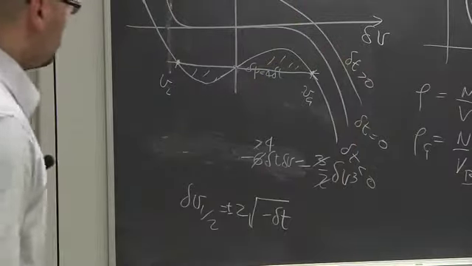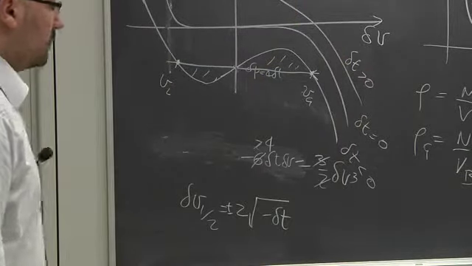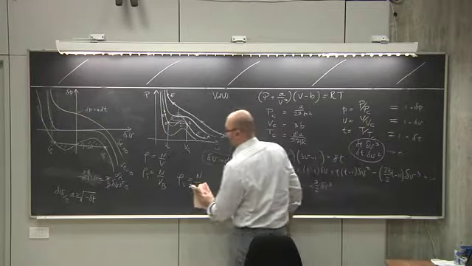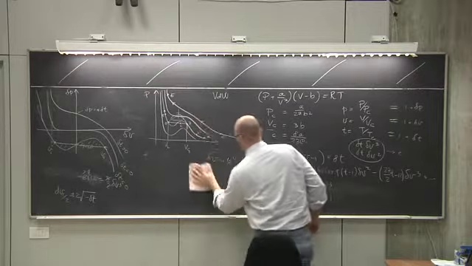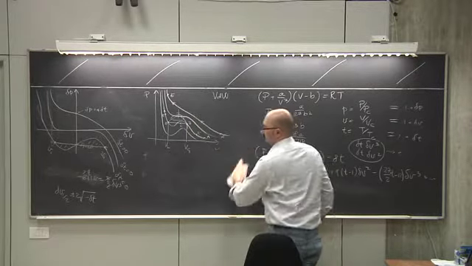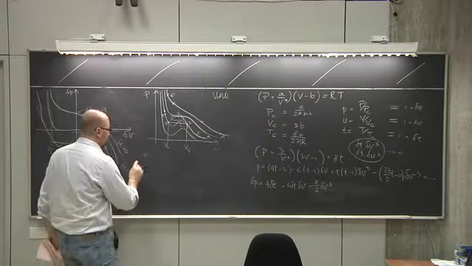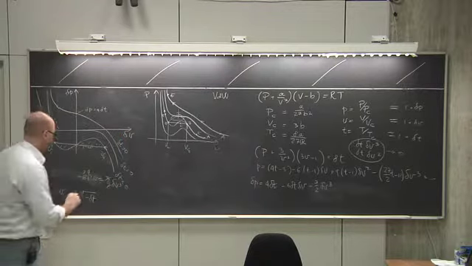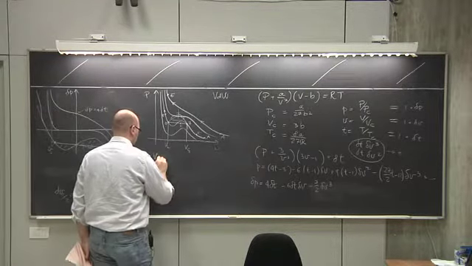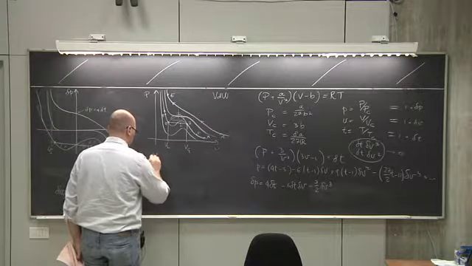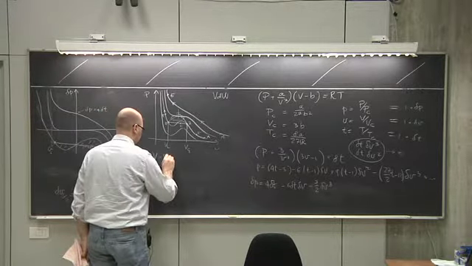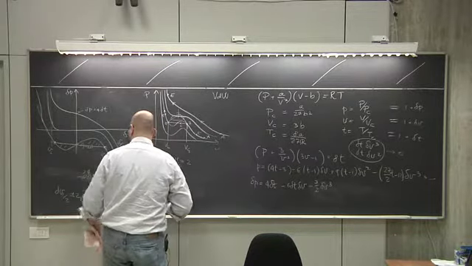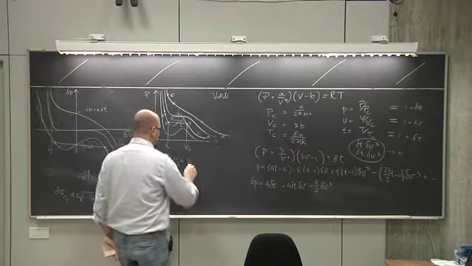Okay? So, the difference in the specific volumes, delta V, which is V gas minus V liquid, is 2 times this object here.